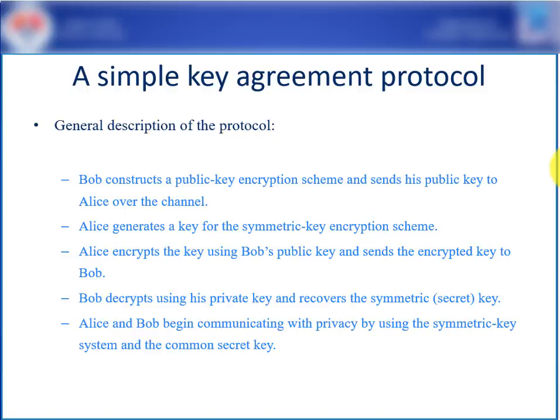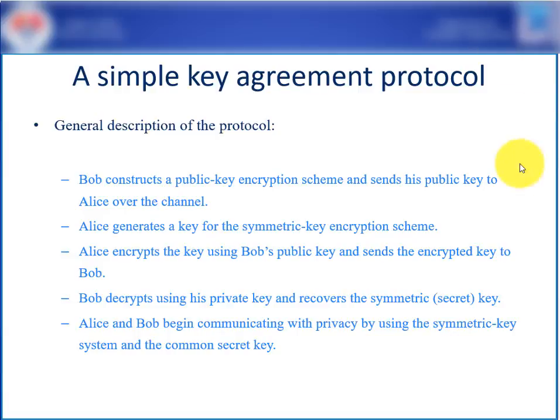Bob decrypts using his private key and recovers the key for symmetric encryption. Since Alice herself generated the key, no one else knows this key for the symmetric key encryption scheme, and since only Bob has his private key, only he can decrypt this key. Alice and Bob can begin communicating with privacy using the symmetric key system and the common shared key.